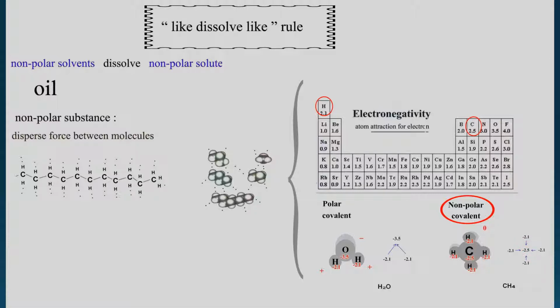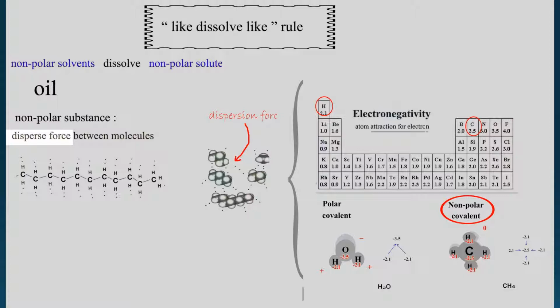So this makes it non-polar. For this non-polar substance, between molecules of non-polar and non-polar, there is an attraction force. This attraction force is the dispersion force. And this is a much weaker attraction.